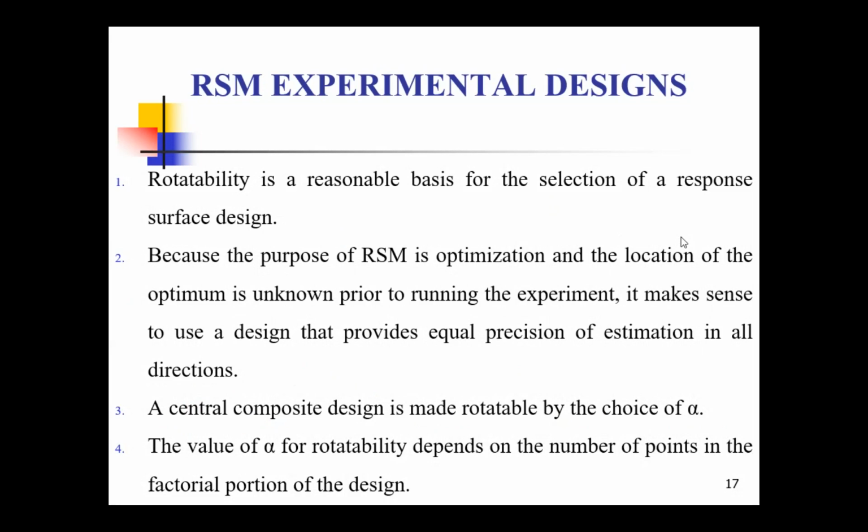So in the case of RSM, there is an important term called rotatability. So how are we going to obtain the surface design that is decided based on this rotatability?